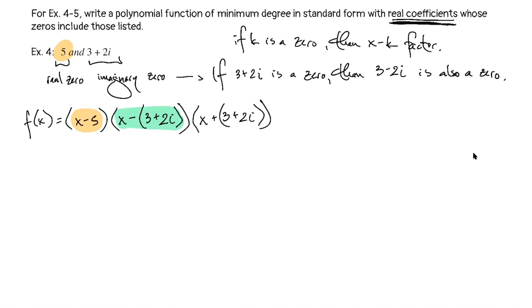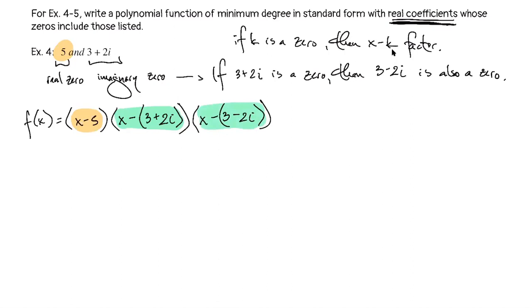You need to keep that x minus, okay? So let's change this to a minus. And then the 0 is 3 minus 2i. So I'm going to change that plus sign to a minus sign. Where we change the sign is really important. The sign gets changed based off of the 0.